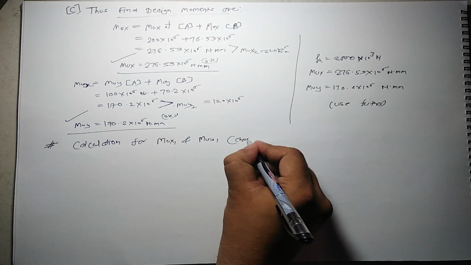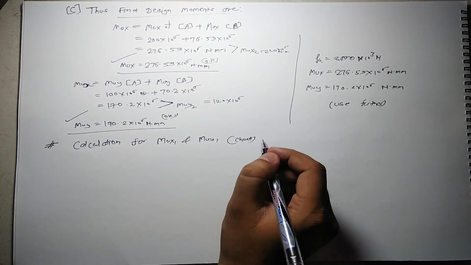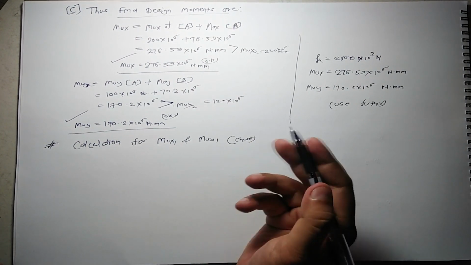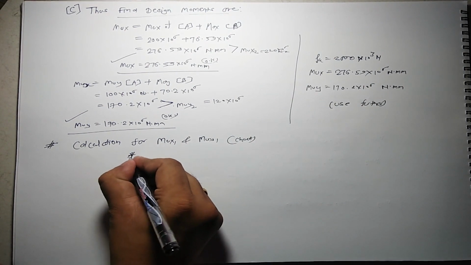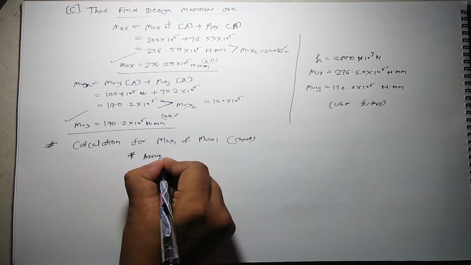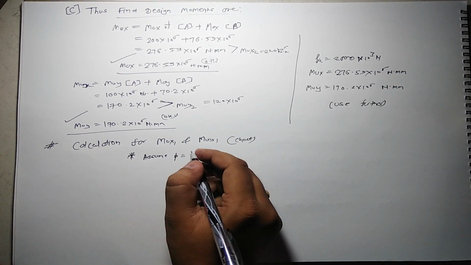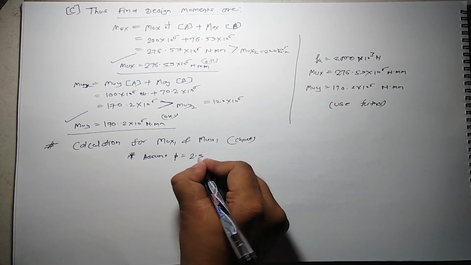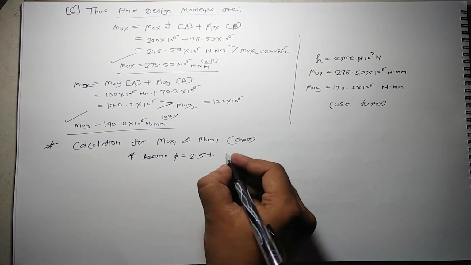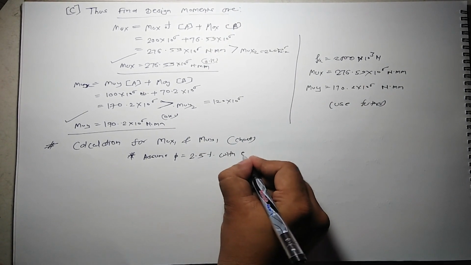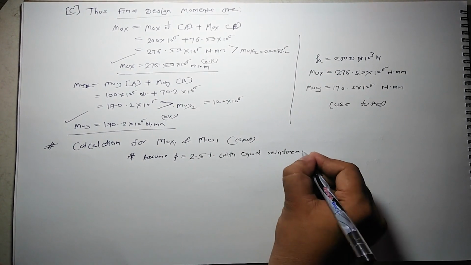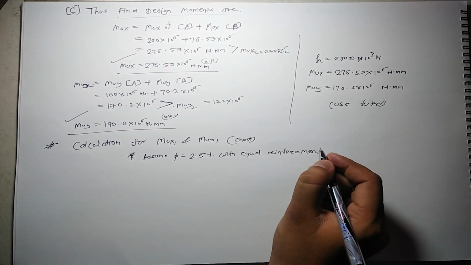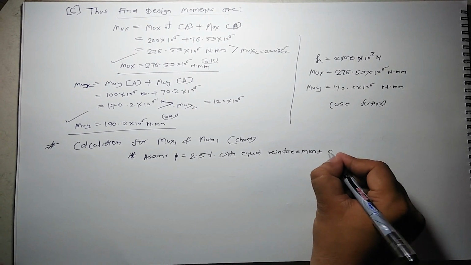This chart will be available with you in the examination. I'll show you how to choose and pick the values. The major assumption is to assume the percentage of reinforcement, as we assume 2.5% with equal reinforcement along the periphery.